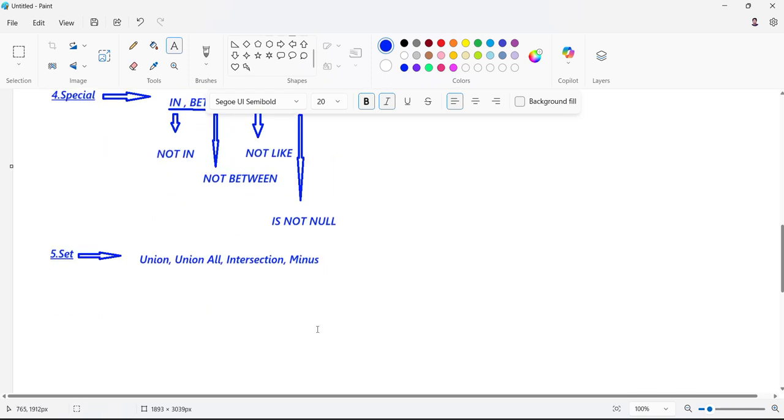Then another important operator, that is the sixth and also last operator, that is concatenation operator in Oracle SQL.